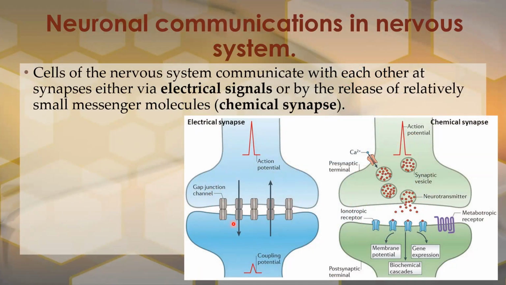The electrical signal is called the electrical synapse, where the action potential or the impulse is generated by the transmission of ions between the pre and post neuron. And for the chemical synapse, it involves the release of a chemical called the neurotransmitter.